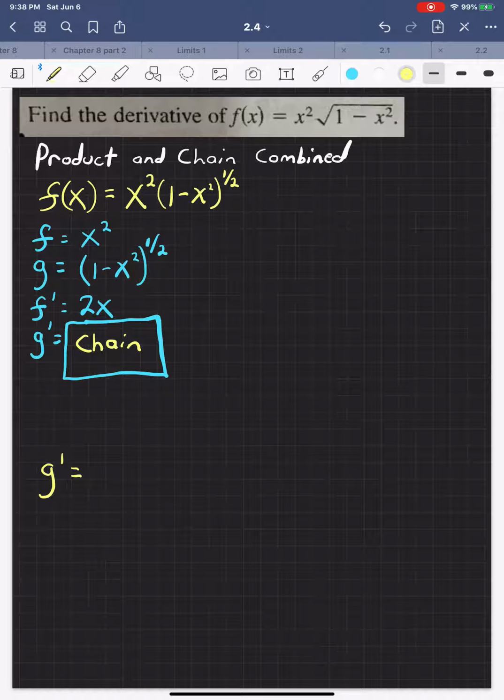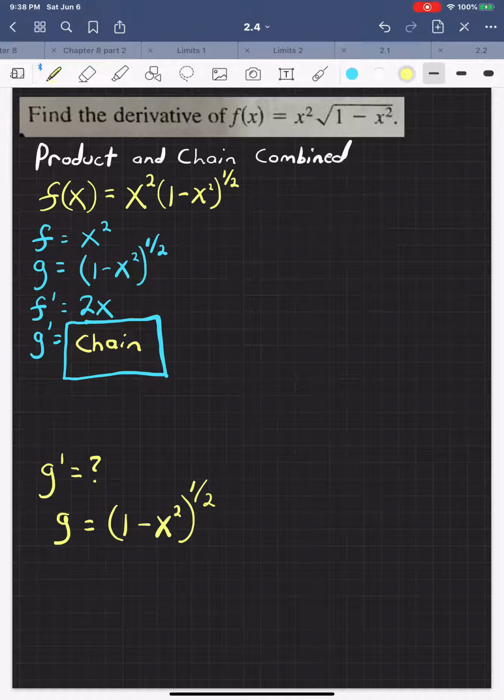All right, so let's go ahead and write. If we have g being equal to 1 minus x squared to the power of 1/2, then you remember how to do this. We need to choose a good u, and then f of u, and then continue.